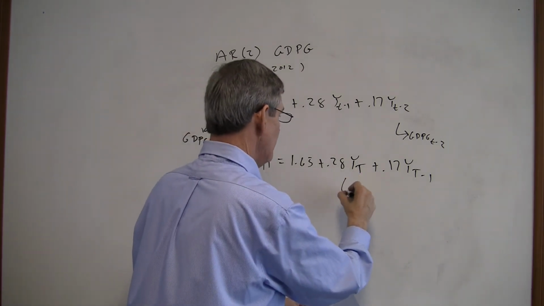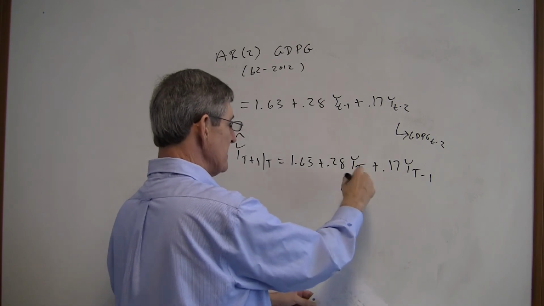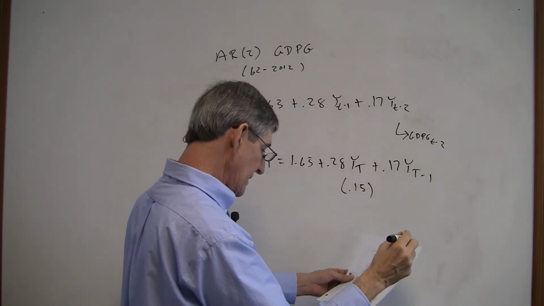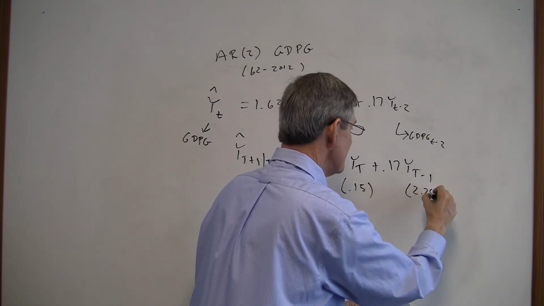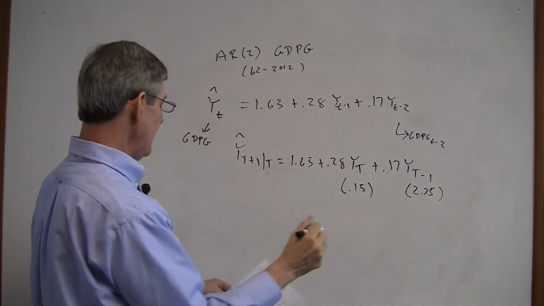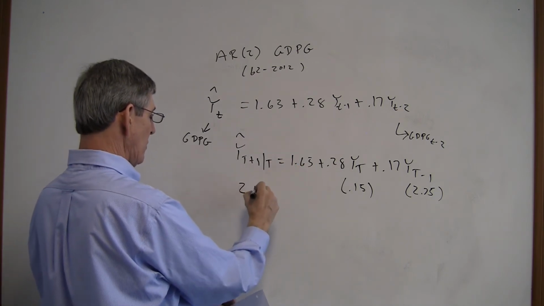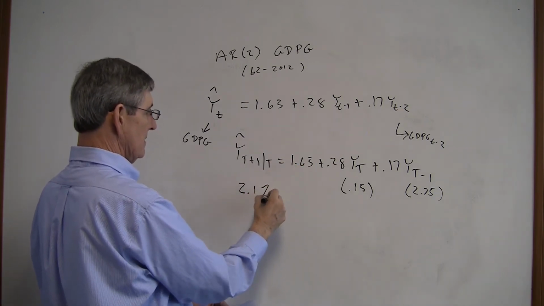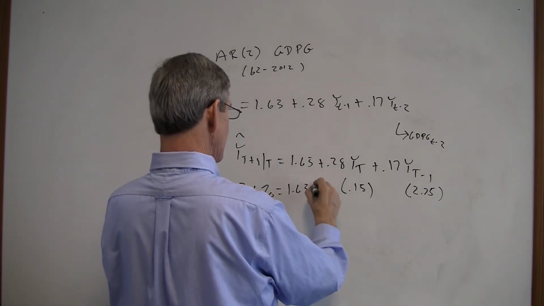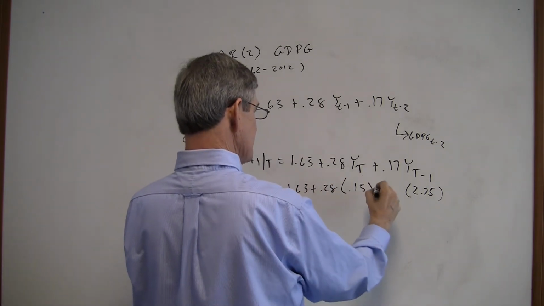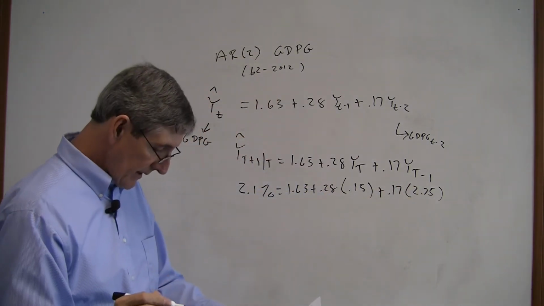Those aren't standard errors, those are the values. This one was 2.75%. And if you plug it in, you'll get a forecast of 2.1%. So 1.63 plus 0.28 times that plus 0.17 times that is the forecast.